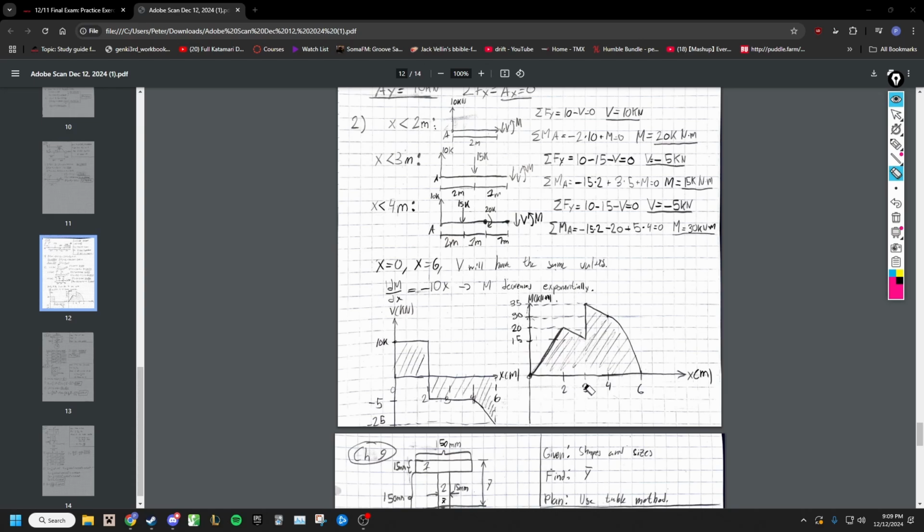When we get to 3, we see that sudden jump from 15 to 35, but as we get down to 4, it linearly decreases down to the value that we calculated. Now, when we're here, we see that dV is linearly changing, so that means the derivative of this is decreasing.